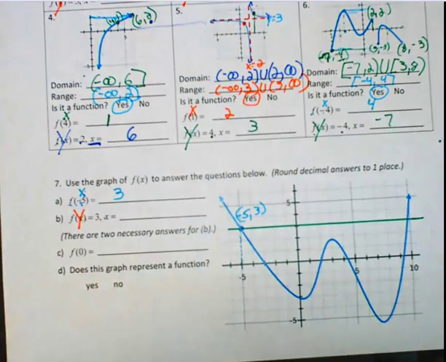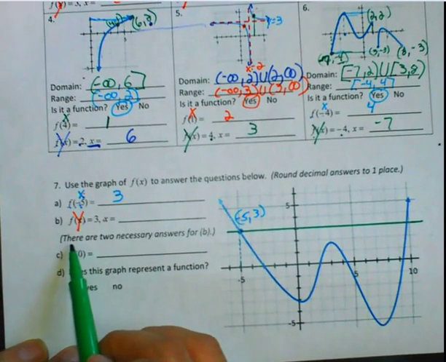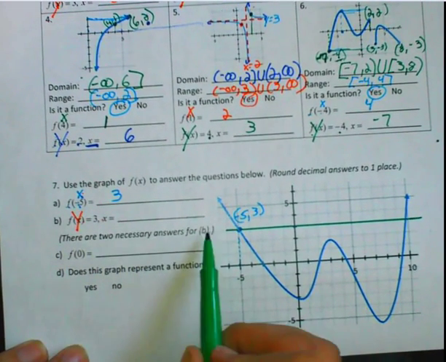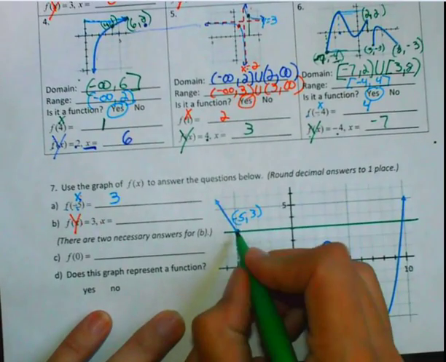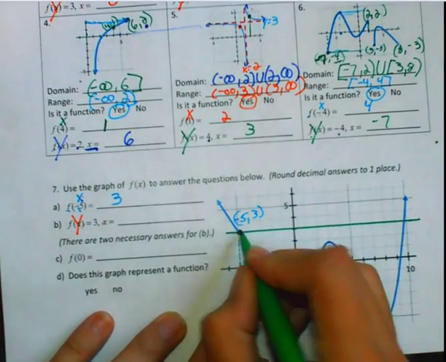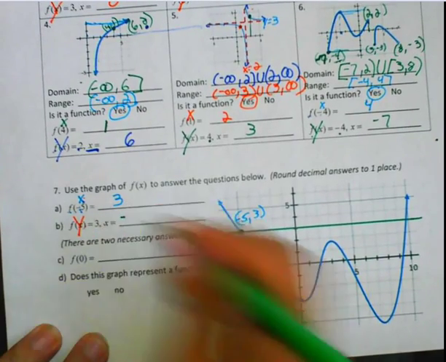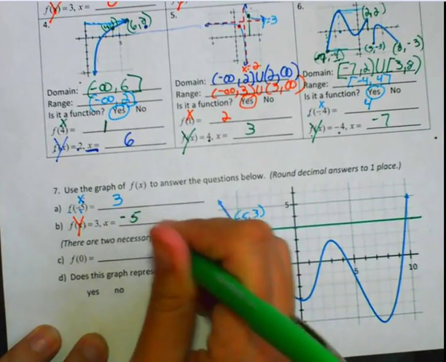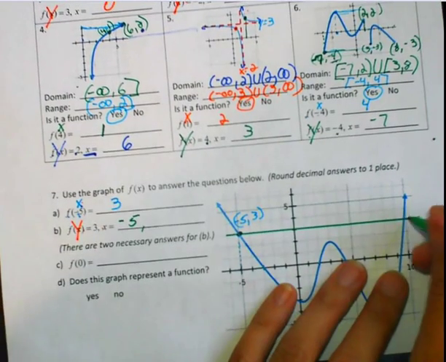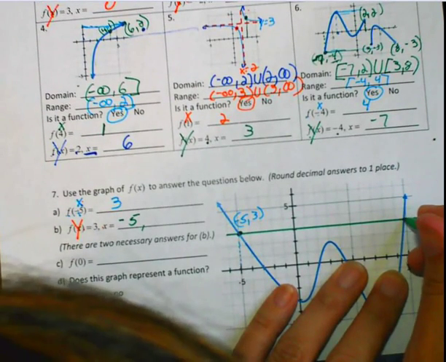Notice that I have more than one answer. There's a little hint here that says there are 2 necessary answers for B. So I have one here, which we've already talked about. Where y is 3, x equals -5. But then look, there's actually a point here as well.